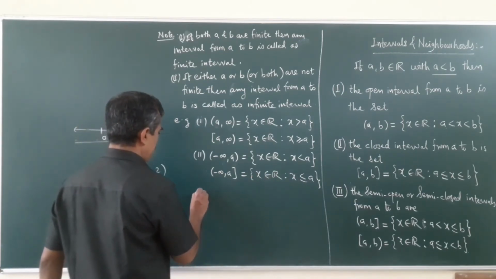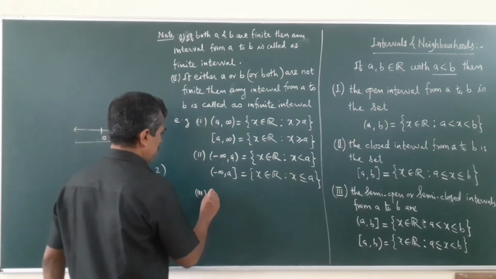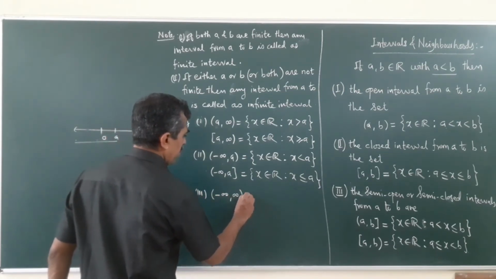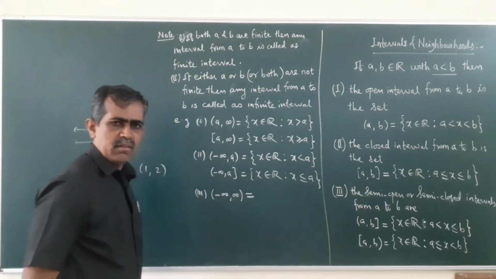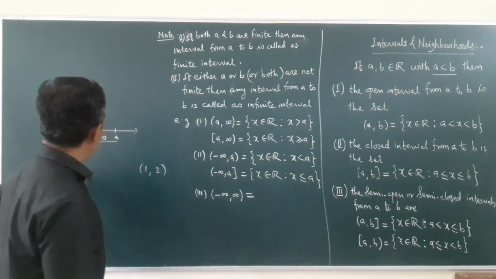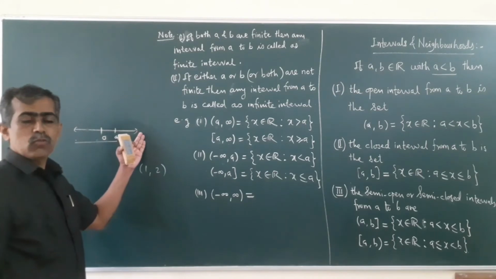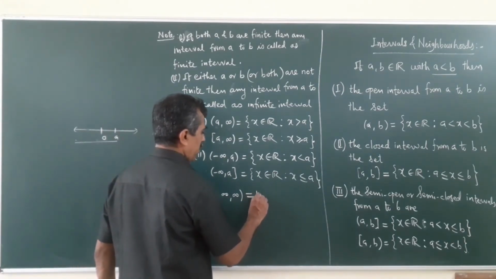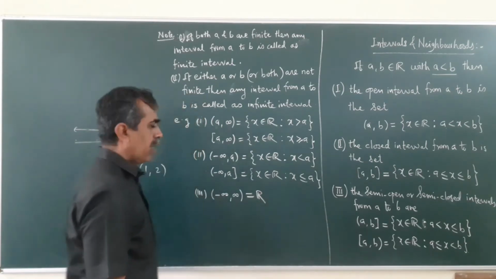And the third type: what is this? (Minus infinity, infinity). What do you get? This is nothing but the whole real line. How can you write this?